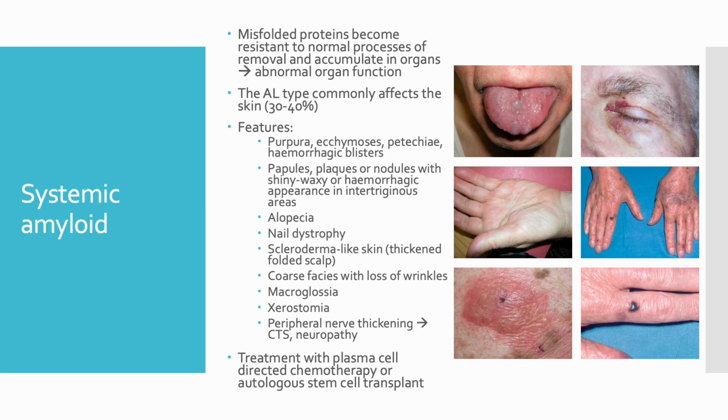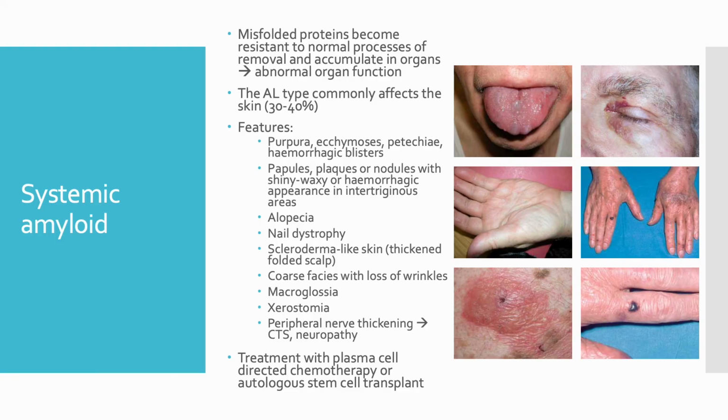So the amyloid is laid down in the skin, and this disrupts the integrity of the upper blood vessels, so that purpura is a very common sign. The disrupted blood vessels bleed easily underneath the skin, so it's very common to get purpura, particularly around the eyes.